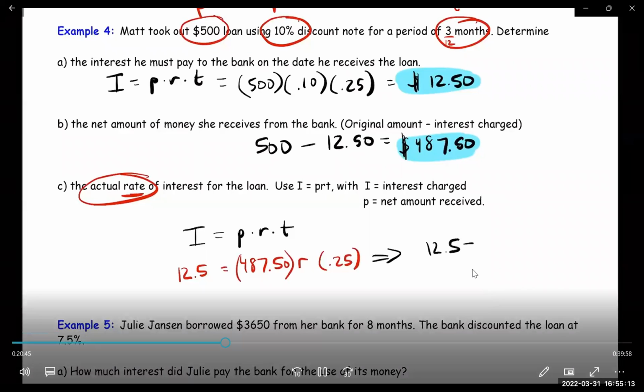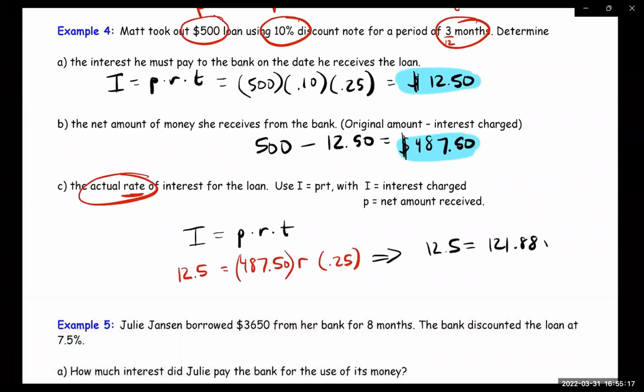So 12.5 equals 121.88 R. Then we divide both sides by 121.88 to solve for R. So 12.5 divided by 121.88 should be about 0.1025. Let's just round to 3 decimal places: 0.103.